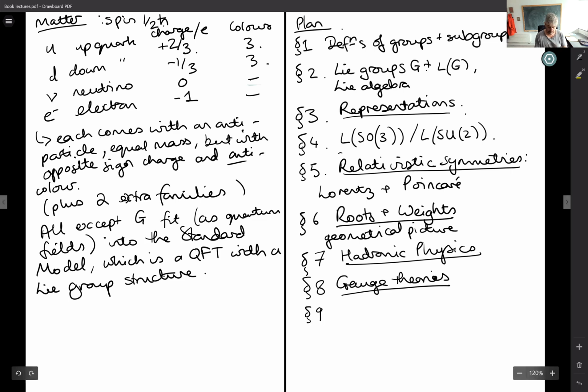And finally, we'll just return to representations of the Poincare group. So it turns out that one particle states are unitary, infinite dimensional representations of the Poincare group. It's a tricky topic that we need some of the previous results for just at the end of the course.